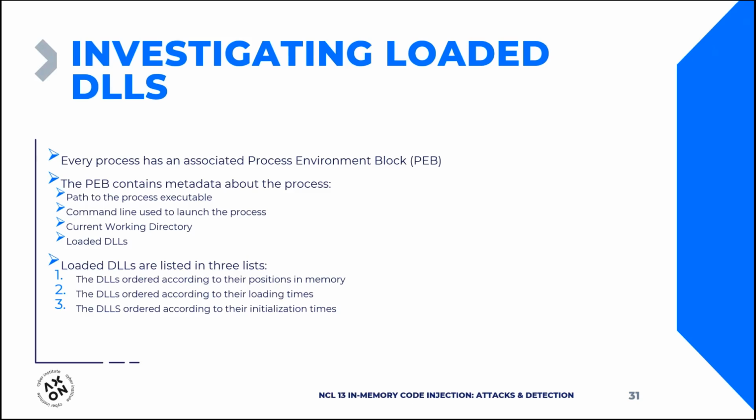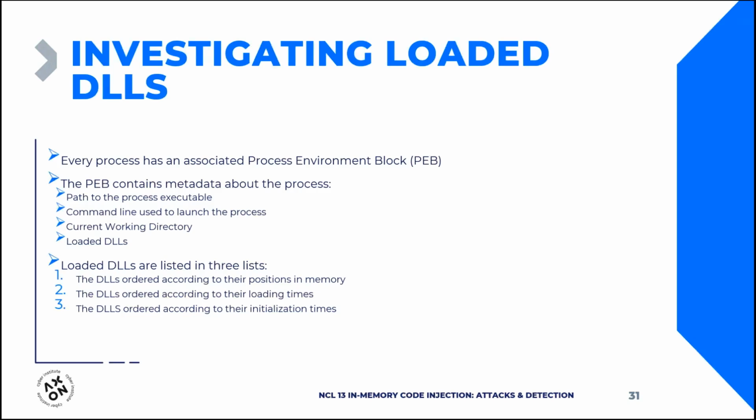The way this is done is in memory, every process has something we call a process environment block, PEB. The PEB contains some metadata about the process. It contains the path to the process executable on the disk.